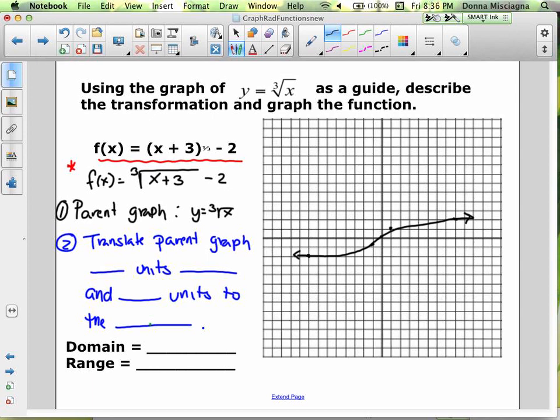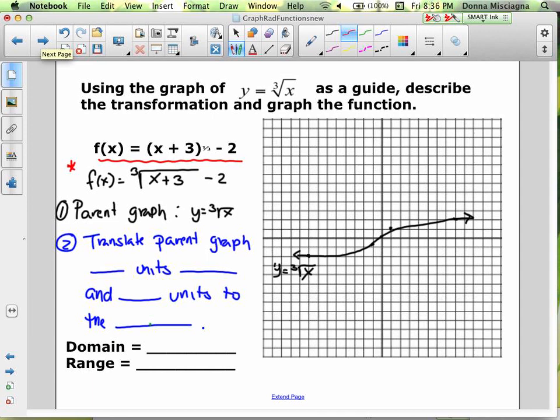You're hired, finger. We're going to have two graphs here: the base graph, which was y equals the cube root of x. Since I'd like to write in something other than black, I'm going to pick the pen off the floor and switch colors. We're going to translate our parent graph. I'm going to do the vertical first.